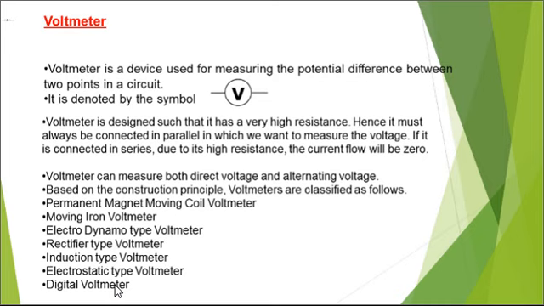These are the various types of voltmeters we use for measuring the potential difference between any two points. This is the symbol of the voltmeter, which measures both direct and alternating voltages.